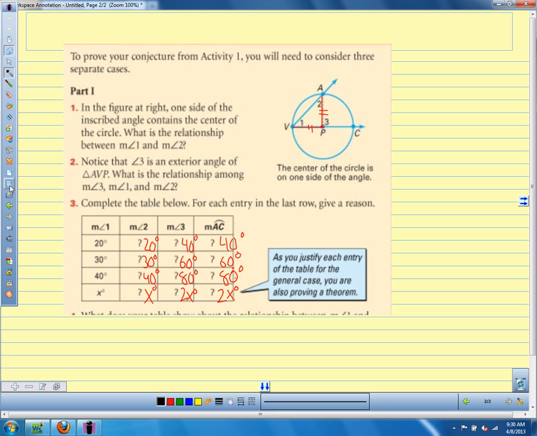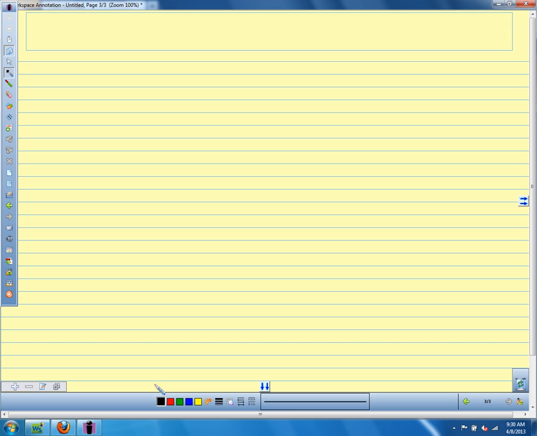So we'll write that down. This is our inscribed angle theorem. And this is our big idea for this section.